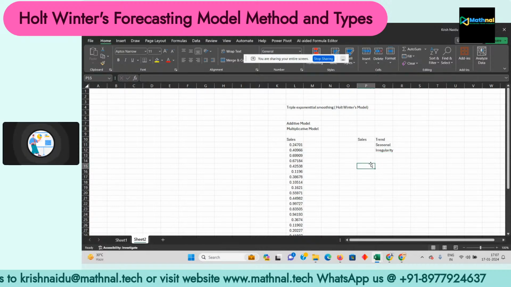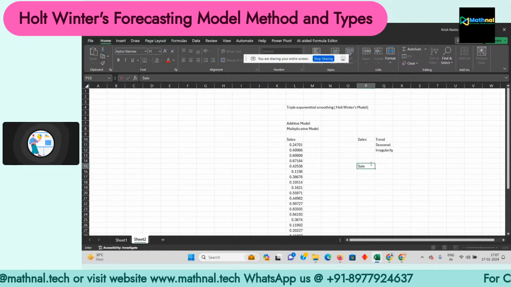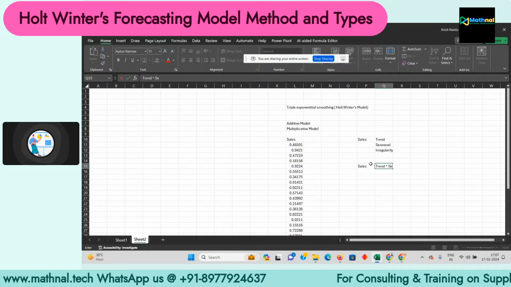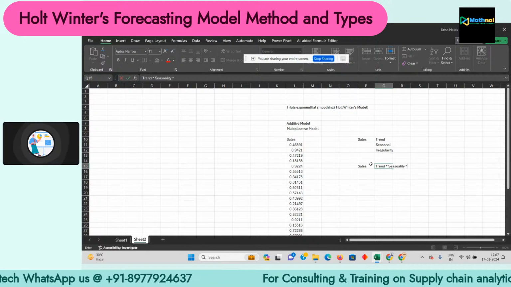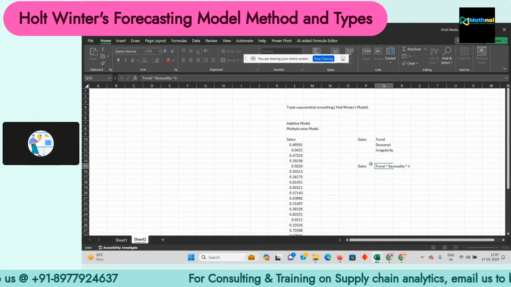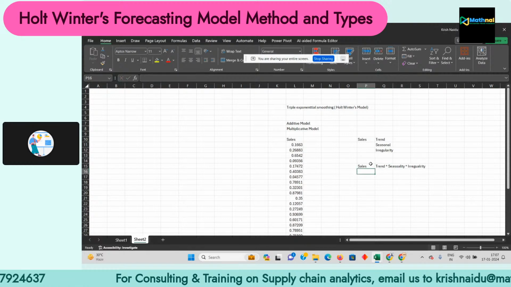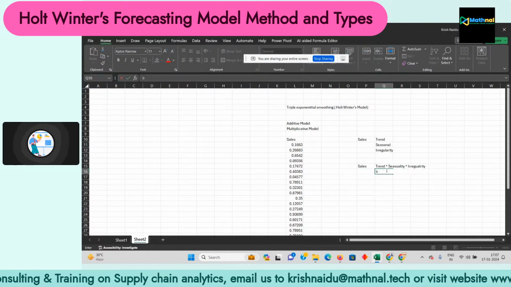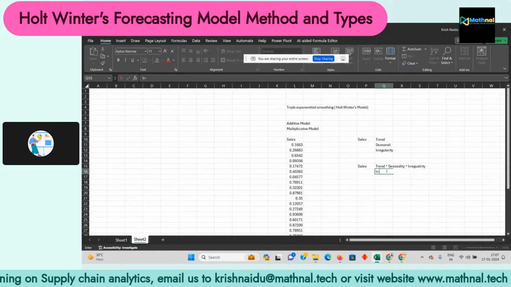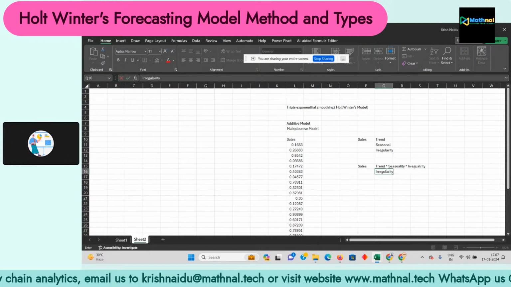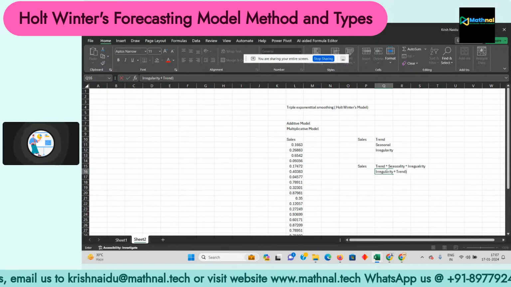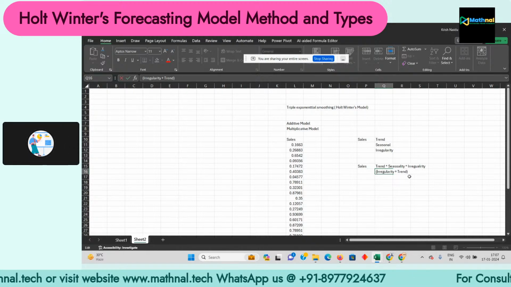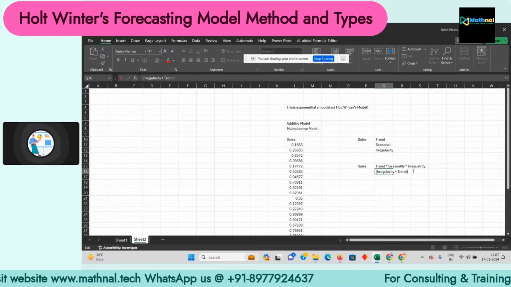What we say is that the sales data can be a mixture, when these patterns exist in a multiplicative form. The second possibility is that the irregularity and trend exist together in additive form, and seasonality exists in the multiplicative form.